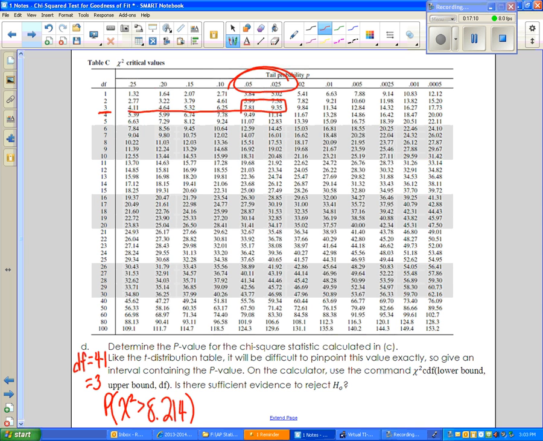All I can really say is that my p-value is between 0.025 and 0.05. So my p-value would be significant at the 5% level since it is somewhere less than 5%. That means I can reject my null hypothesis, and I can conclude that the distribution of age groups has changed since 1980.